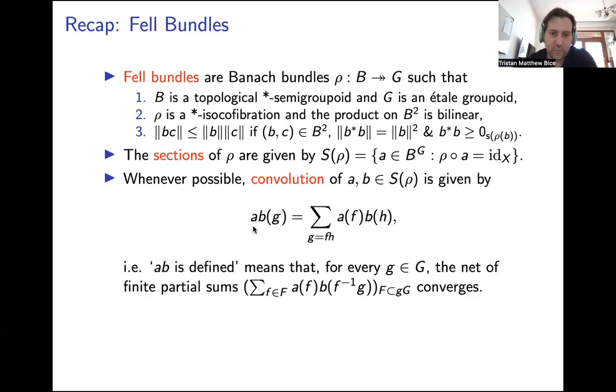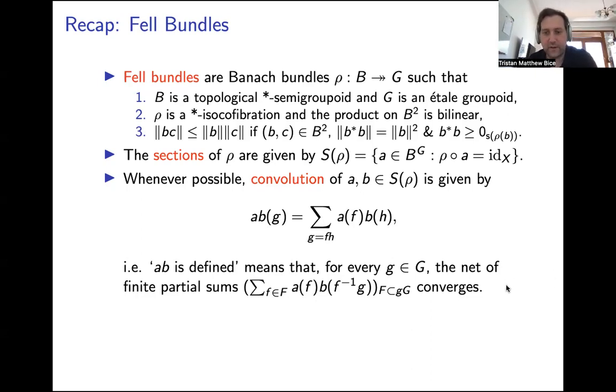More precisely, when we say that the convolution a*b is defined, what we really mean is that for every point in the base groupoid, this sum makes sense, that the finite partial sums do actually converge. They converge in the norm topology within the fiber, which is also, as we showed, exactly the same as the subspace topology of B.